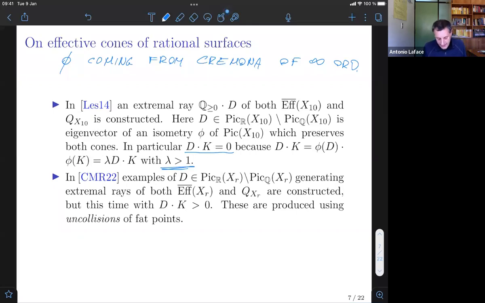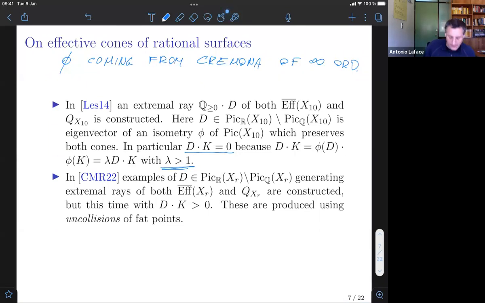It's an irrational class on the blow up at r points. This r is for sure bigger than 9. They have several examples. r could be 13 and so on. This is again an extreme ray of the pseudo-effective cone and of the light cone. But this time the ray has a positive intersection with the canonical.